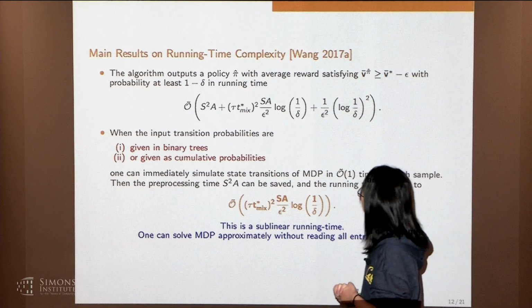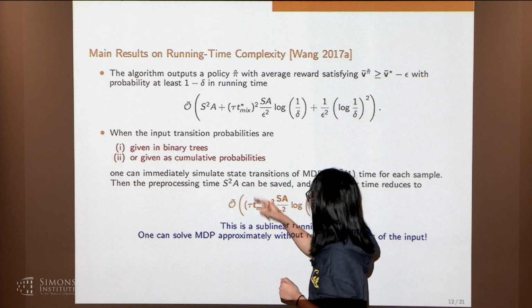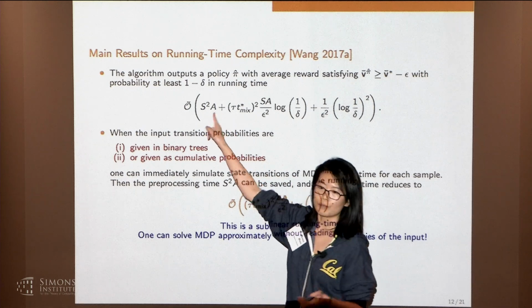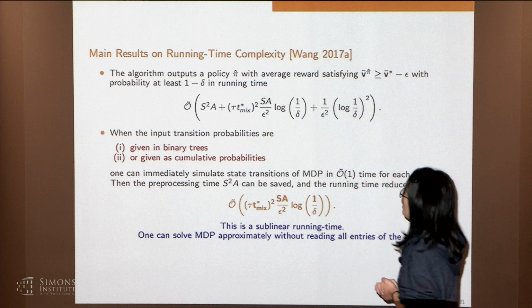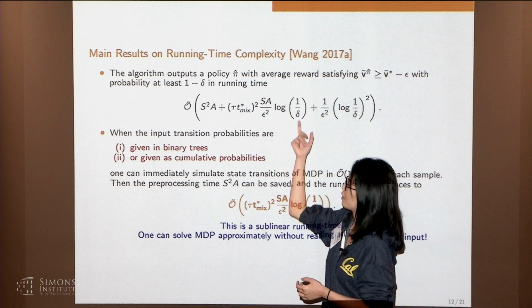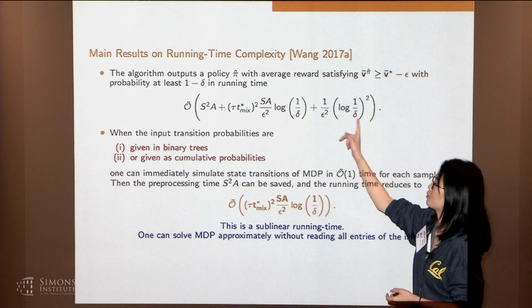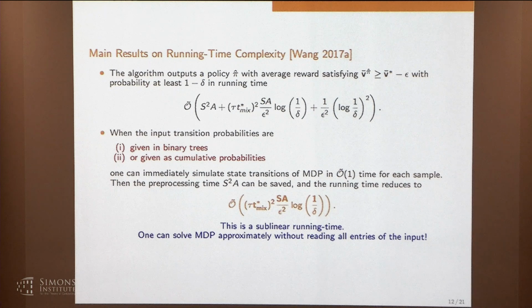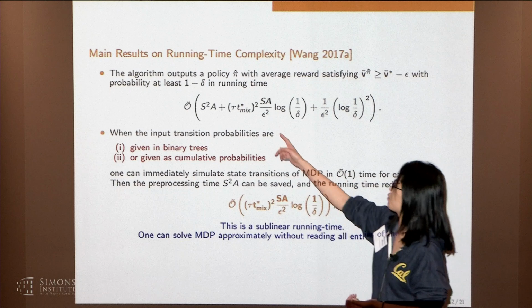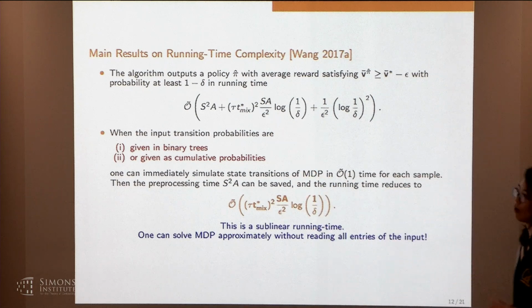What's going on here is that my first term is pre-processing time. And my second term actually comes from running the algorithm. And I have some additional term due to policy evaluation, which is small. So the first complexity is a nearly linear runtime complexity for solving MDP. Already faster when our requirement for epsilon is reasonably not super small.